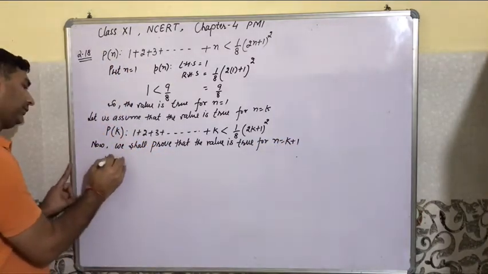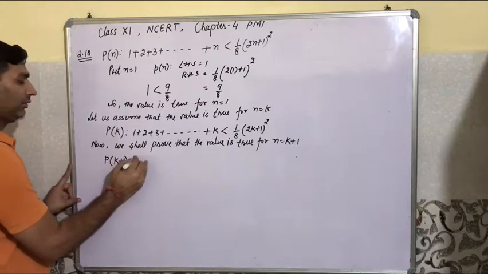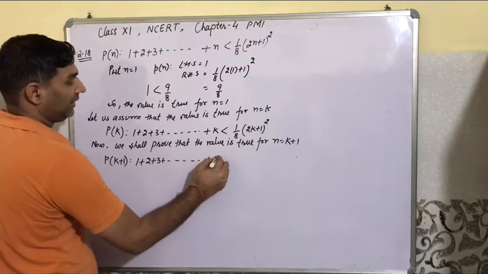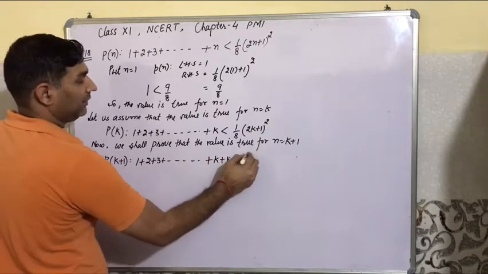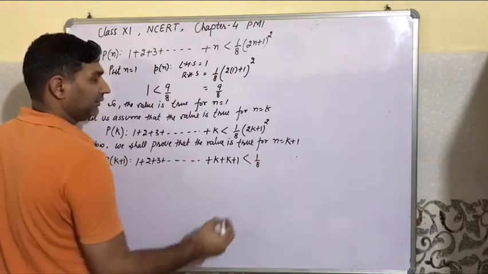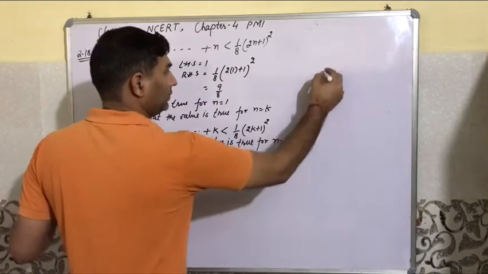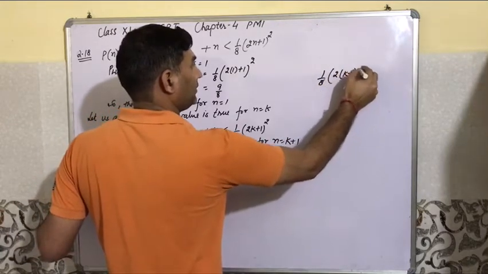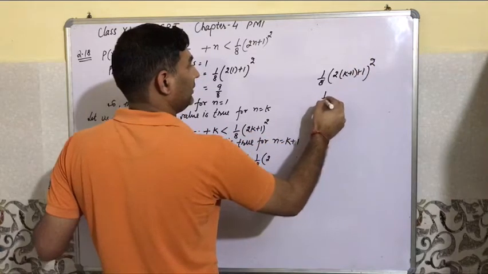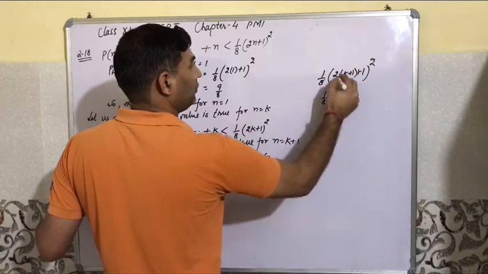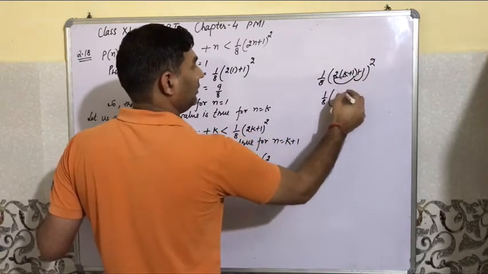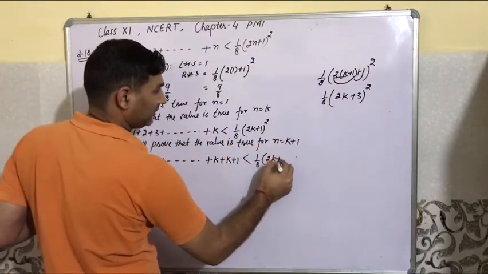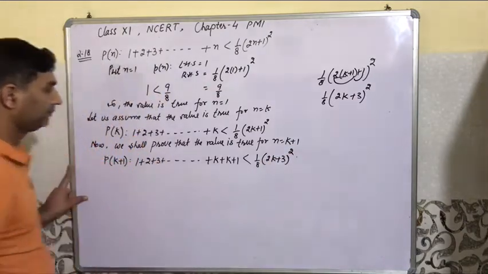P of k plus 1: 1 plus 2 plus 3 and so on up to k, and next term is k plus 1, is less than 1 by 8 (2(k plus 1) plus 1) whole square, that is 1 by 8 (2k plus 3) whole square.